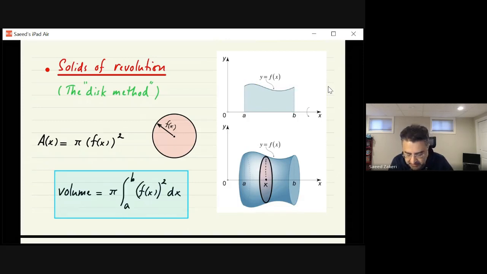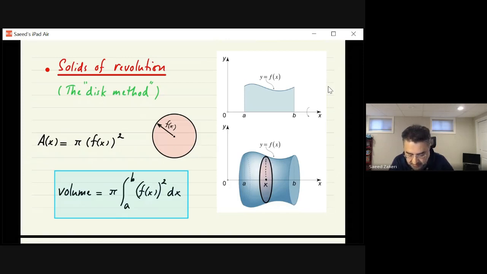Then I ask, what happens if I rotate this region around the x-axis? I get a solid whose cross-sections are round disks, simply because this solid is obtained by revolving. This is an example of a solid of revolution.